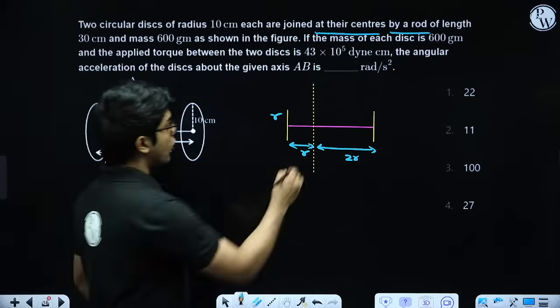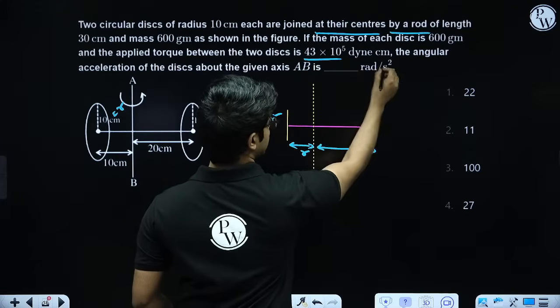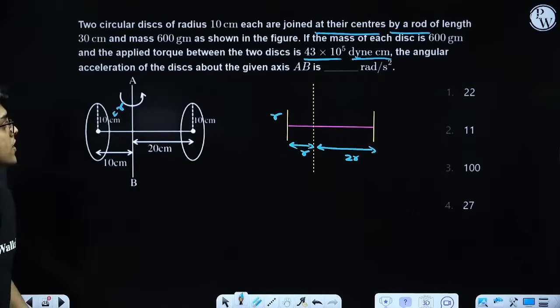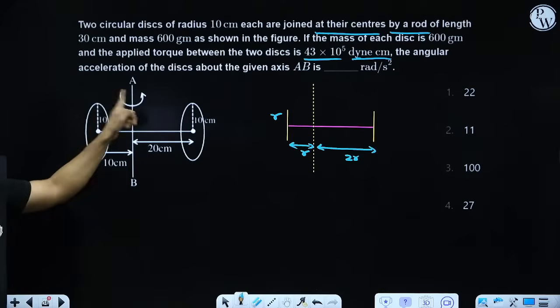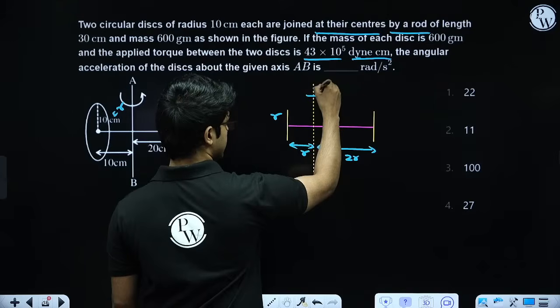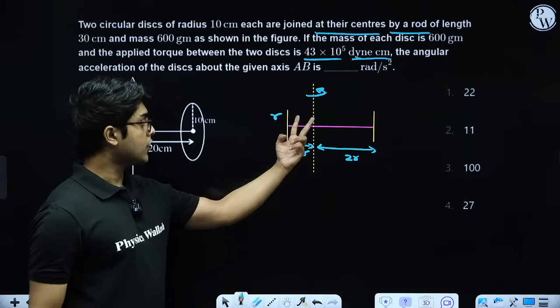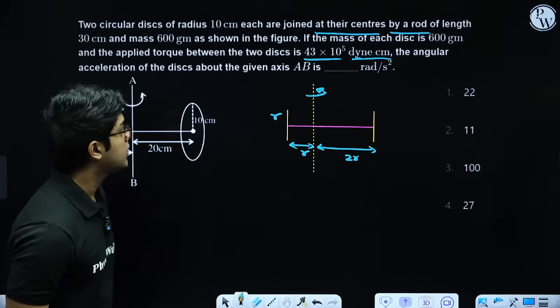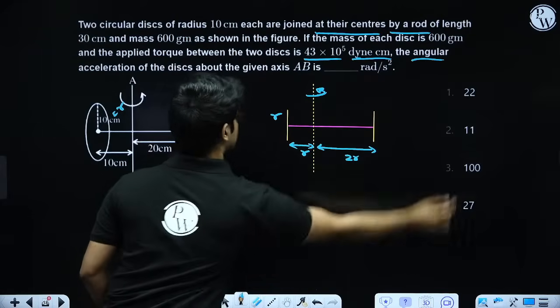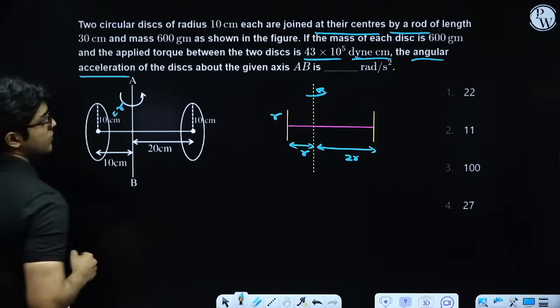It's mentioned that the torque of 43 times 10 to the power 5 dyne centimeter, so everything is in CGS units, is applied. So we apply a torque about this axis, which means there will be an angular acceleration about this axis. That is what we have to find. Okay, so the alpha is what we have to find.